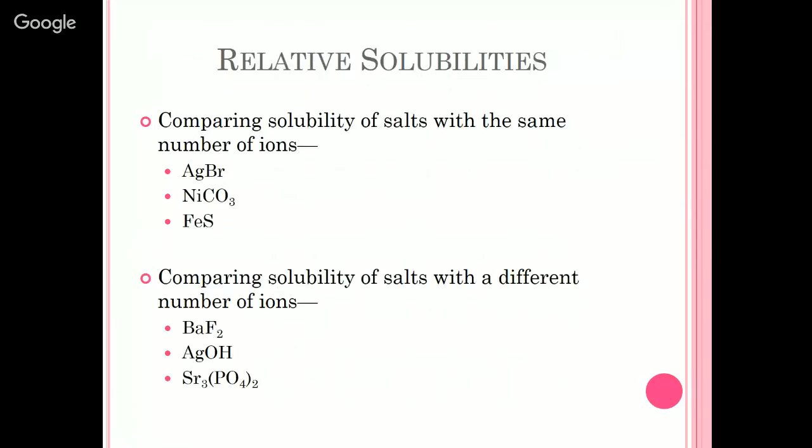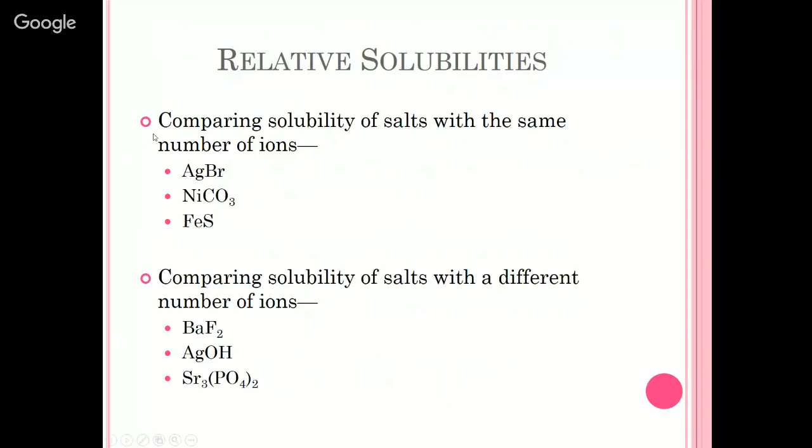Now, relative solubilities. If we are comparing solubilities of salts with the same number of ions, here I have a list: silver bromide, nickel(II) carbonate, iron(II) sulfide. 1 to 1, 1 to 1, 1 to 1. So we are looking at 2 ions in each reaction.